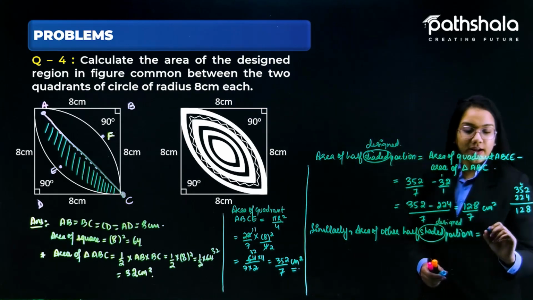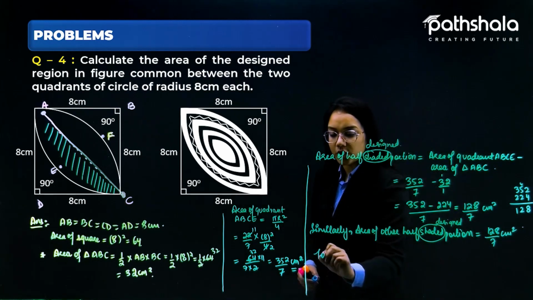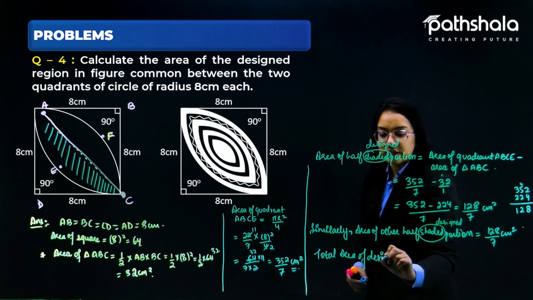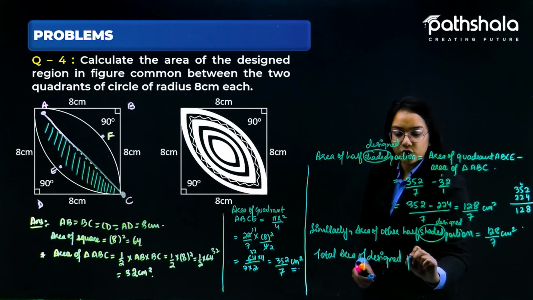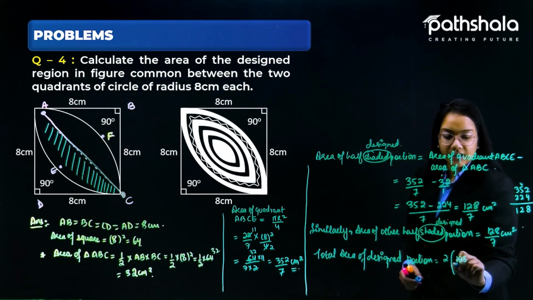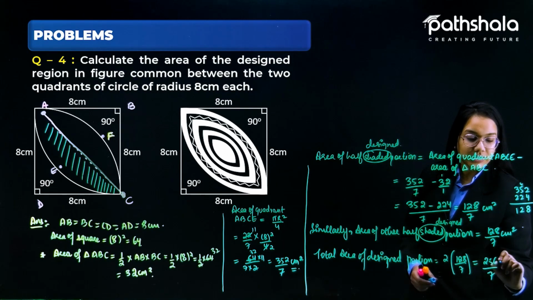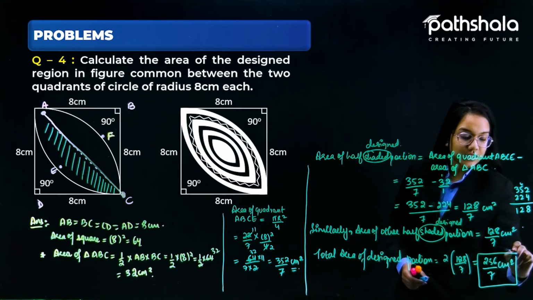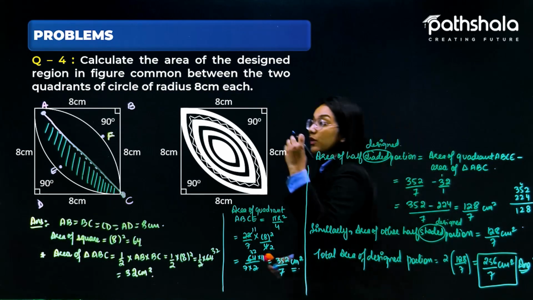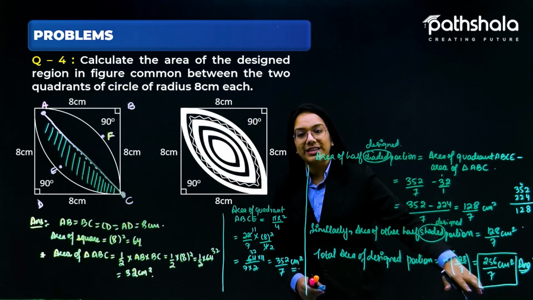So the area of the designed portion would again be 128 by 7 centimeter square. Now let's talk about the total area of the designed region, which is twice of 128 by 7, and this is 256 by 7 centimeter square. Hence this is the answer for this particular question, that the area of this designed portion is equal to 256 by 7 centimeter square.